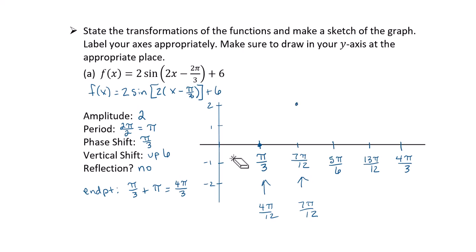The next key point will be on the midline. The next key point will be on the minimum. And the last key point will be on the midline again. And then just smoothly connect those points. Make sure that you try to make it into a curve that looks somewhat sinusoidal, and just do your best there.